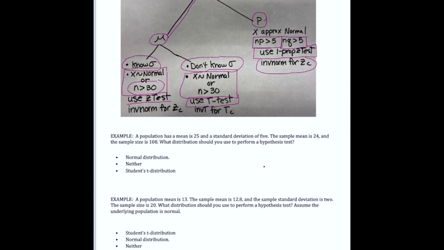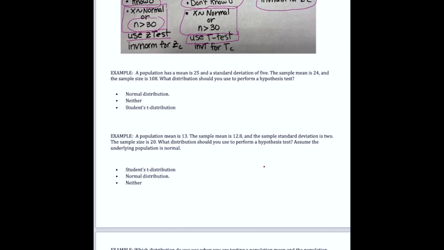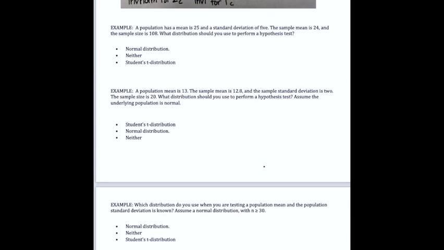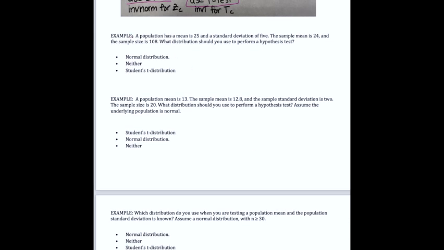Okay, so coming down and looking at these examples, we're going to give some information in the example, and we're going to decide how we're going to run our hypothesis test. In the first example, it says a population has a mean of 25 and a standard deviation of 5.